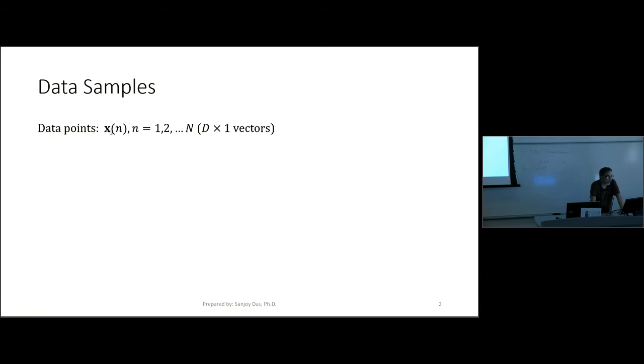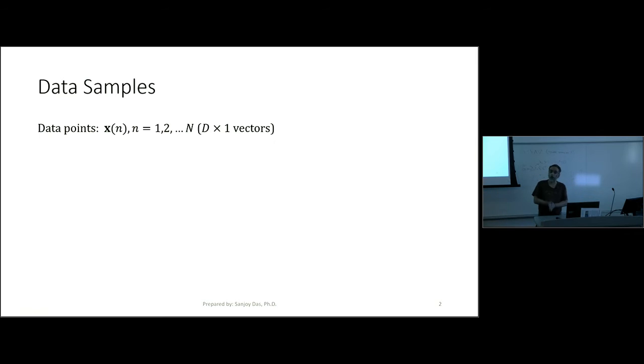So these are the data points, and each sample index will be within parentheses because I'm reserving the subscript for dimension, for rows and columns and stuff like that. So sample points will be indexed like this, and n equals 1, 2, 3 until uppercase N. So we have uppercase N number of samples. And each data point is a d by 1 vector.